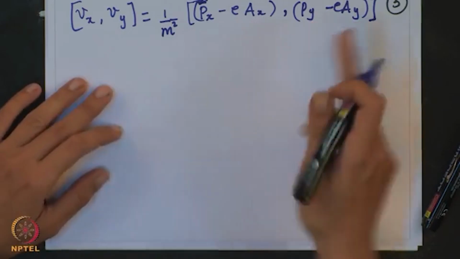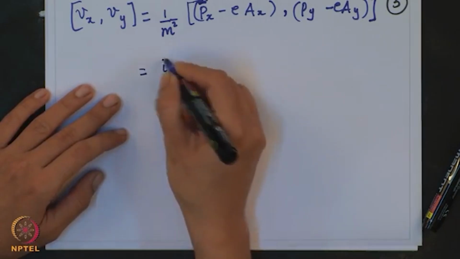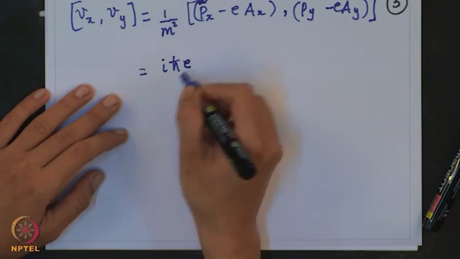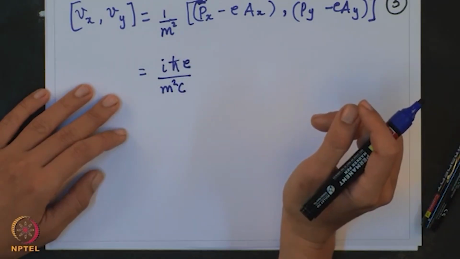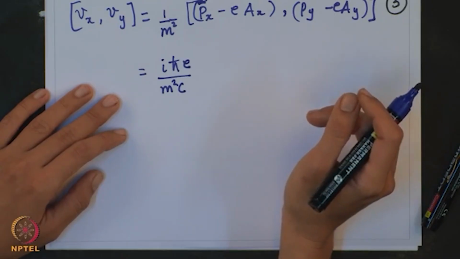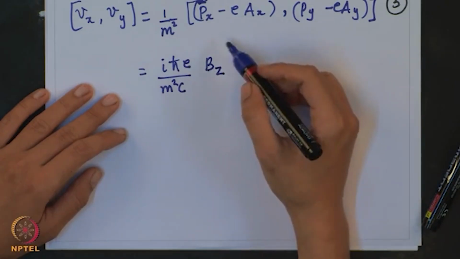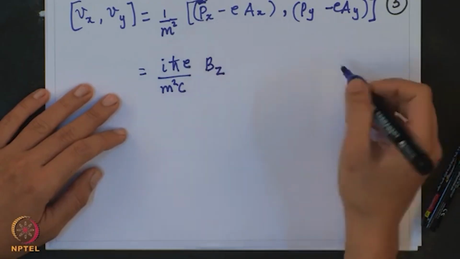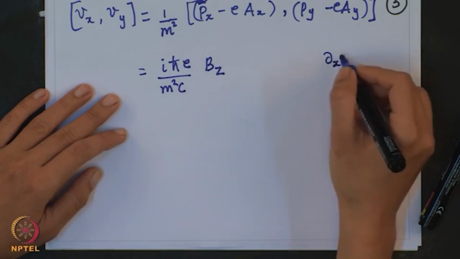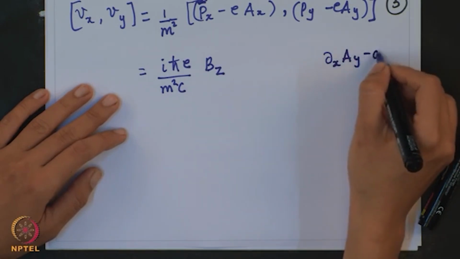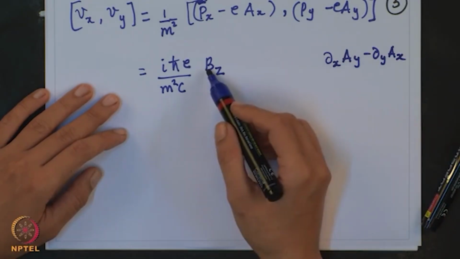When you do this, after doing all the substitution, you will obtain i h cross e upon m squared c times B_z. B_z is nothing but, how will I write B_z? It will be del_x A_y minus del_y A_x. It will be in this form.